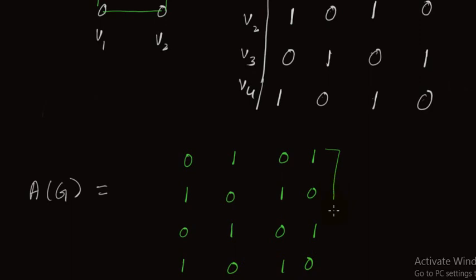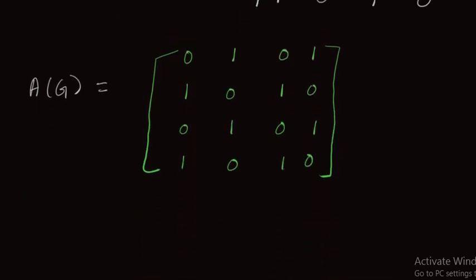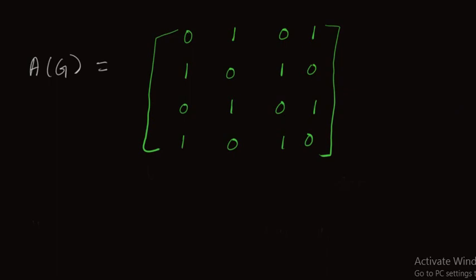This is our adjacency matrix for this graph. Now students, the adjacency matrix gives useful information about a graph. So there are some properties of the adjacency matrix.